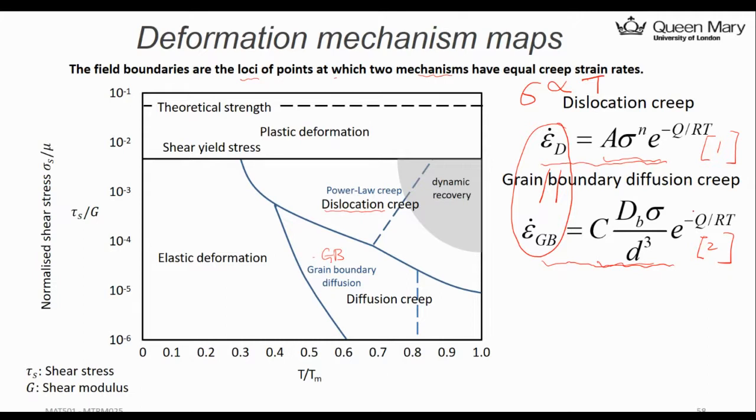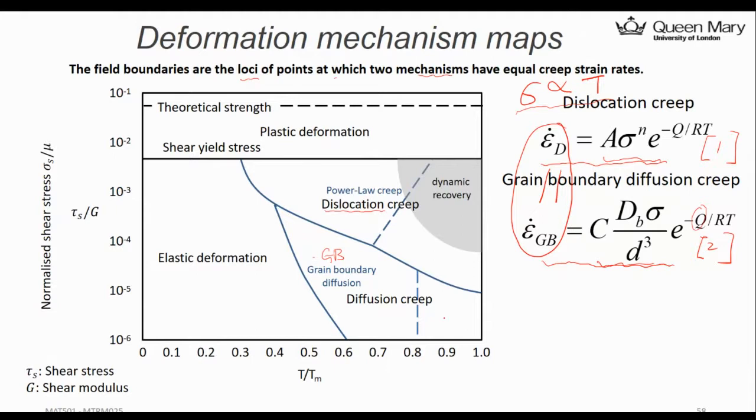Okay, bear in mind the Q here is not the same. There's some extra consideration for the activation energy for grain boundaries, so they are not the same. That's why you will plot something related to the temperature.